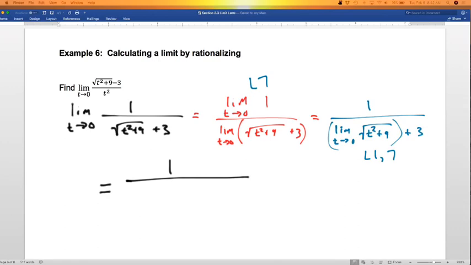Which says I can push that limit underneath the radical, or pull the radical out over the limit if that's the way you want to approach it. And now I have this. Okay, so that is law 11. That's not the Super Bowl, that's law number 11.